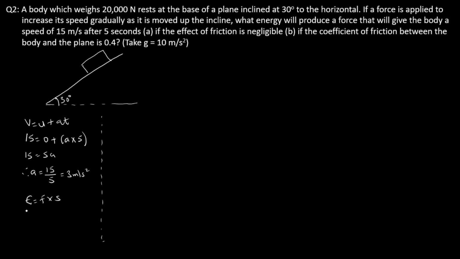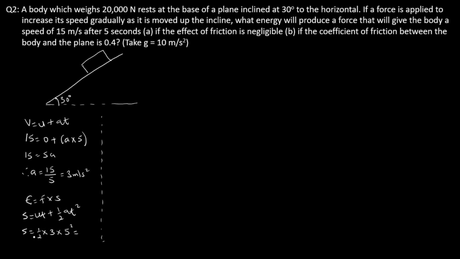We can also use another equation of motion, S equals ut plus half at squared. Since it starts from rest, u is 0, which implies that S is equal to half at squared. That's half times our a is 3, and the t is 5, so the square of 5.